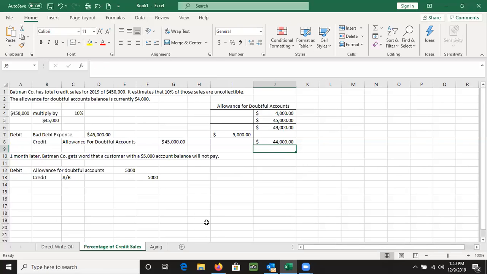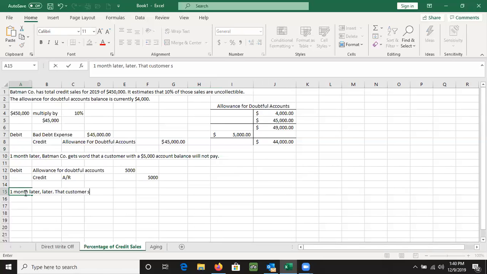Okay? Let's continue this, let's say it's 1 month later, that customer sends in a check for the $5,000, so they actually pay. A little different procedure than on the direct write-off method.